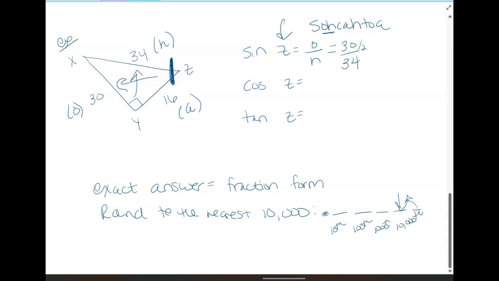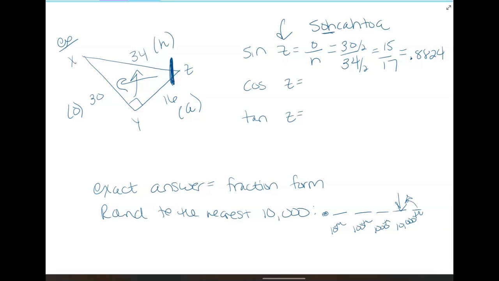At the very least, they're both divisible by 2, which would give us 15 over 17. Now, if they wanted this answer as a decimal, just remember, grab your calculator. You could do top divided by bottom, and then we're going to round to the nearest 10,000th. So if you grab your calculator, that looks like we're probably at 0.8824. Should be your answer there.